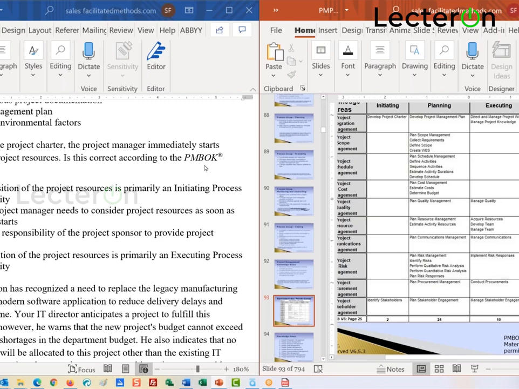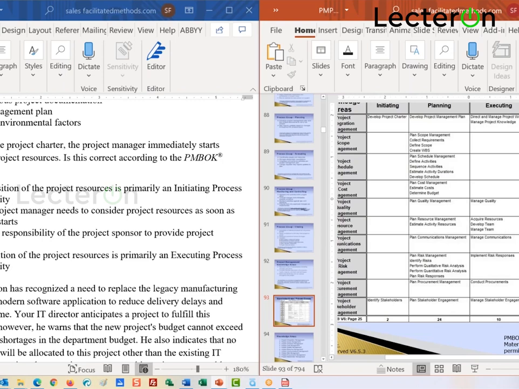According to the PMBOK Guide, you don't do it immediately. Now, this gets really confusing because in many organizations you do end up doing it earlier, but D is actually the right answer. The acquisition of your project resources is meant to be an executing process activity, not immediately after you identify them.